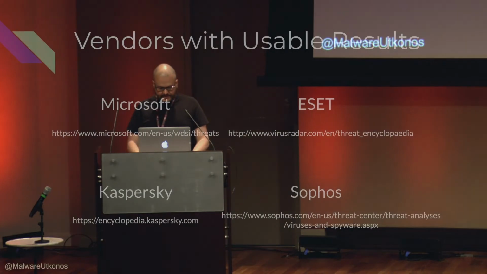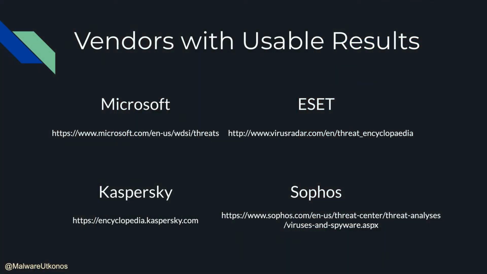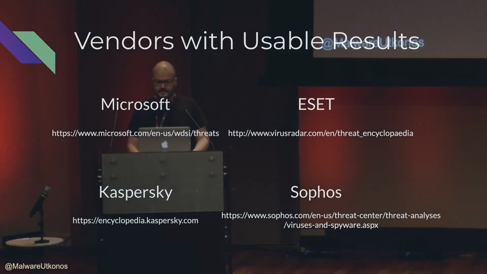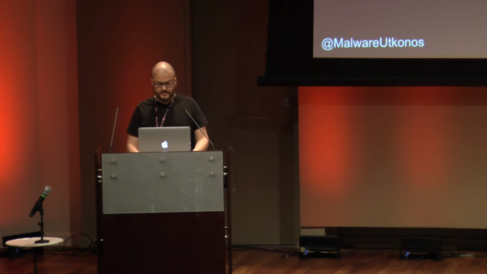One of the other things I hope you take away from this talk is some of the vendors that I think have usable results, so they get fairly granular in the results of the malware family that they're detecting. Most people that I've spoken with agree that Microsoft, when it does detect something, is very, very good at being accurate about what malware family it is.